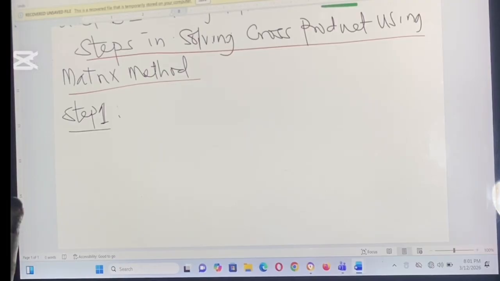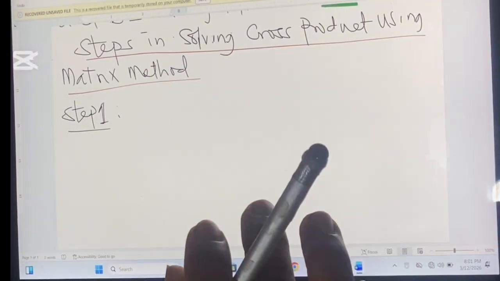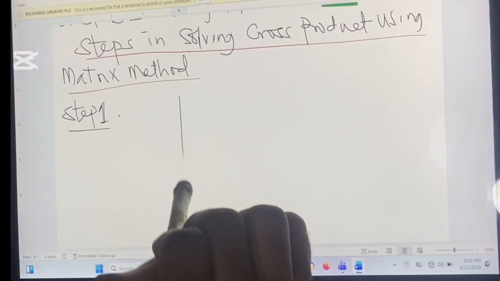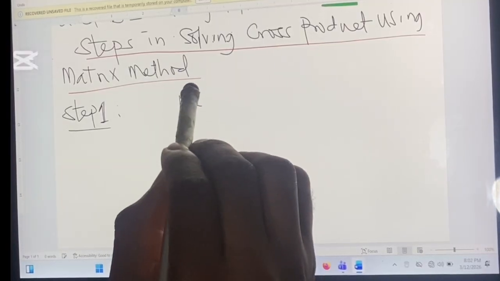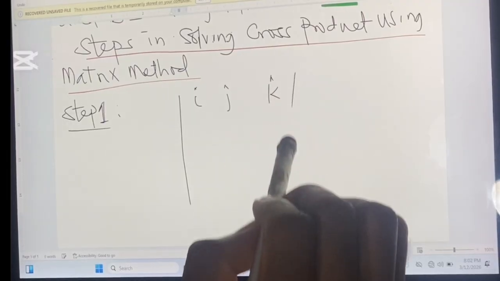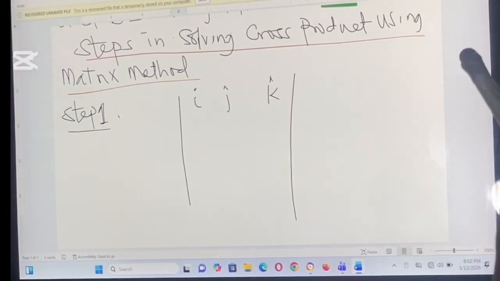The first row is going to be the vectors i, j, k. So I will have something like this is my line. This is row 1, which will be i, j, k. Please take note. So the next step is to represent the numbers.